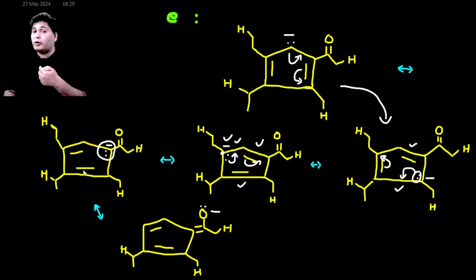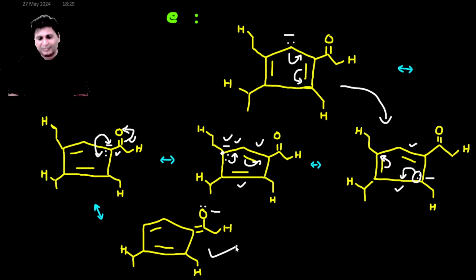And the next possibility, which is a very good possibility, is that this minus charge goes in conjugation with the C double bond O, and that will give you a good structure. How? Minus, single, double. So you can delocalize it like this, and simultaneously the pi will go on the oxygen, and you will get this structure.